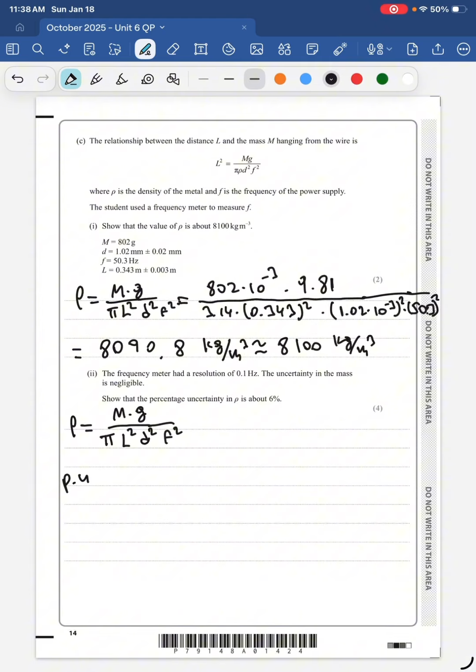And we need to find the percentage uncertainty in rho, which will be the summation of the percentage uncertainties in the quantities that do have an uncertainty, which are D, F, and L, okay?